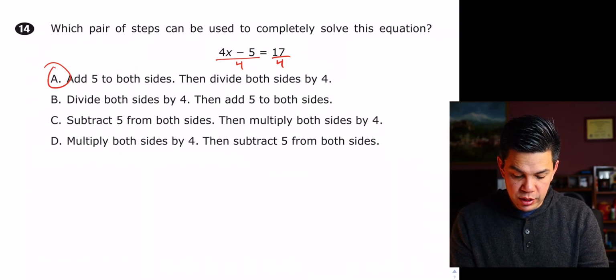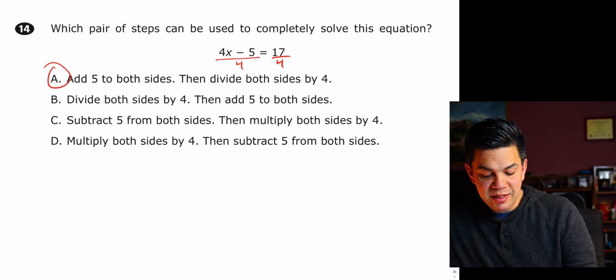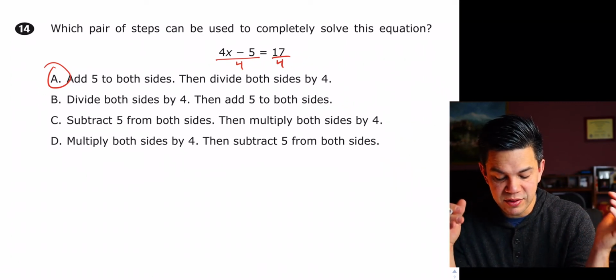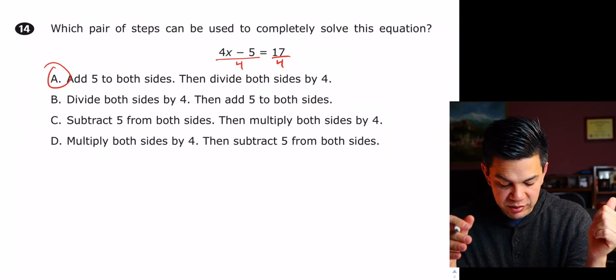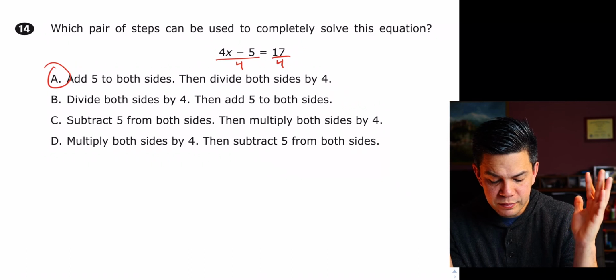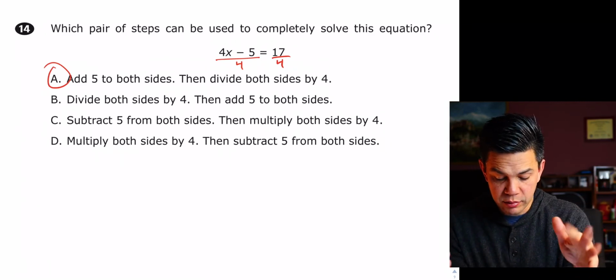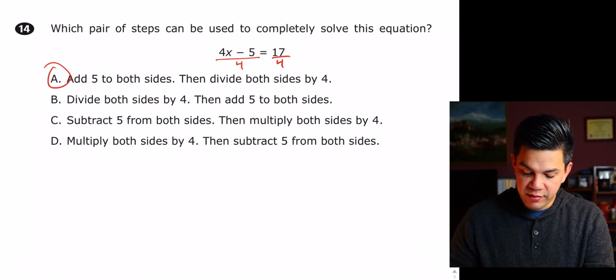You could subtract 5 from both sides, but that doesn't really help you isolate the variable at all. It's going to give you minus 10 on the left side. And then finally, multiply both sides by 4 and then subtract by 5. You could do that, but you wouldn't subtract 5 from both sides.